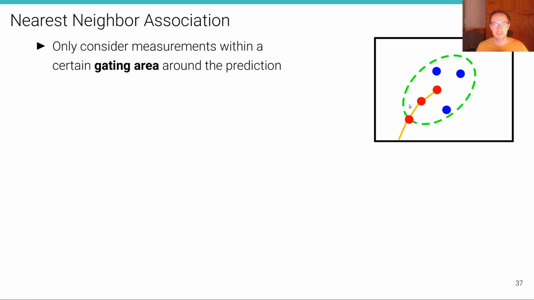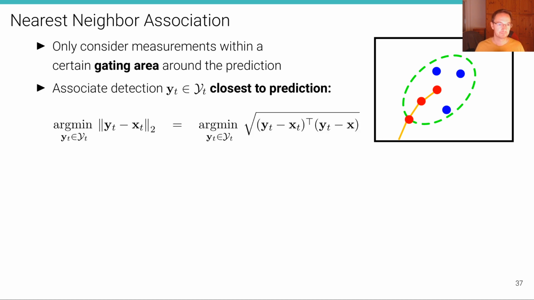Green is the gating area here. All of the detections that are outside of the gating area have been masked now.